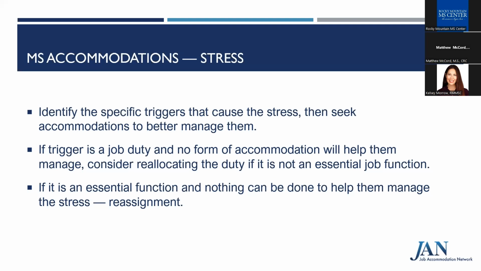There are accommodations that can be helpful even if a specific trigger cannot be identified, and those can include things like flexible scheduling or leave usage or allowing a service animal at work. So I wanted to include those if we can't even identify that specific trigger.